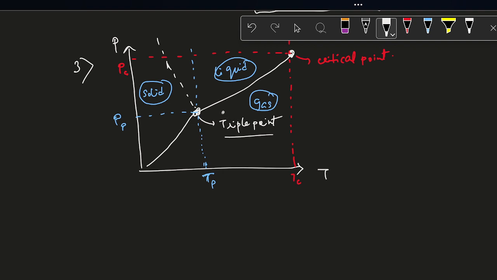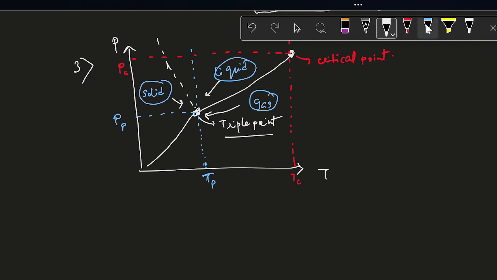You know that the triple point is where all three phases coexist, the equilibrium point between all three phases of matter. That's why it is called the triple point, a coexistence of three phases. Here the solid phase is there, the liquid phase is there, and the gaseous phase is there, so it is the equilibrium common point between all these three phases.